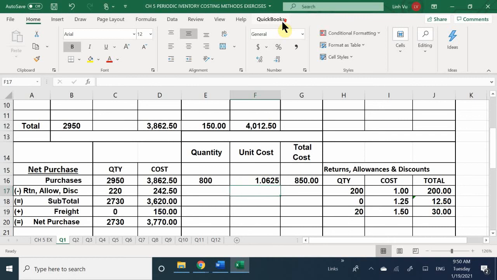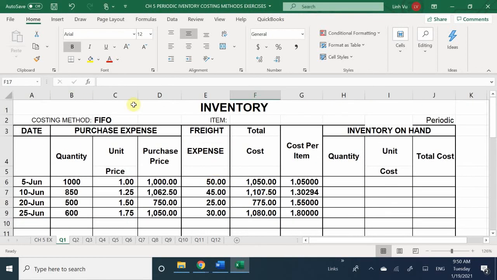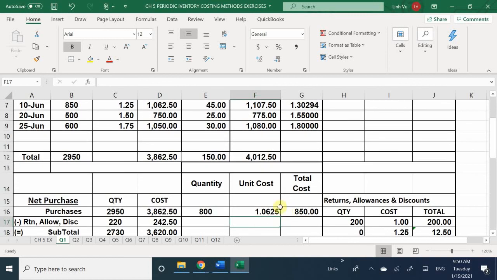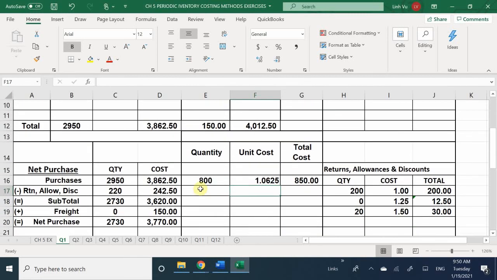Now, because the assumption here is that we're utilizing the FIFO method, we're getting rid of the entire 800 anyway. So this step right here is unnecessary because we're going to get rid of a batch anyway. So we're getting rid of the whole 800 at the updated cost of 850.